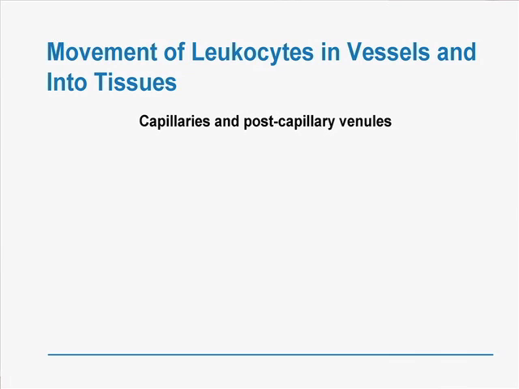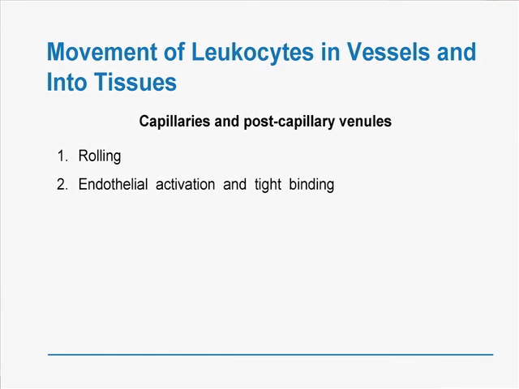Well, the first stage in transmigration of white blood cells into tissue is what we call rolling of the white blood cells along the lining of the smallest vessels, the capillaries and postcapillary venules.